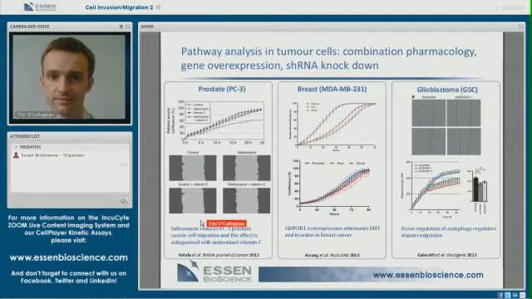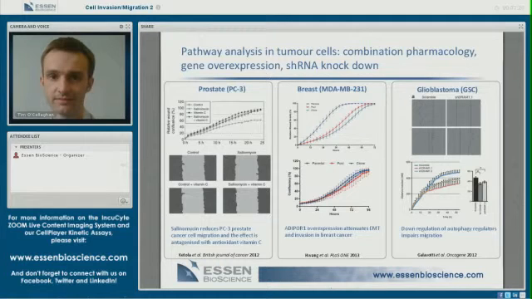The left-hand research was performed by the University of Helsinki, which showed that salinomycin reduced PC3 prostate cancer cell migration, and that this effect is antagonized by the co-application of the antioxidant vitamin C. So these data were used to support the conclusion that the effects of salinomycin were caused by oxidative stress induced in the PC3 cells.